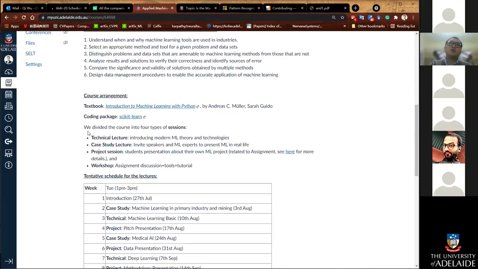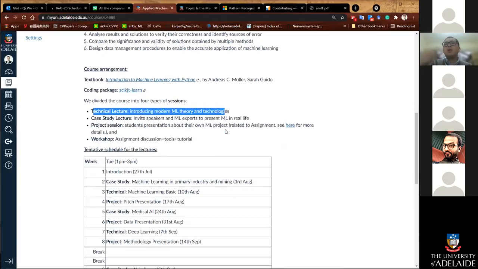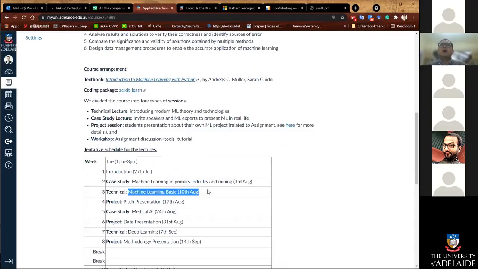So let me continue. As I mentioned, we have different sessions for this course. We divided the course into 4 types of sessions. The first one is called technical lecture. Basically, in this session, I will introduce modern machine learning theory and technologies. For example, in the first technical session, I will introduce some basic things about machine learning, like what is machine learning.